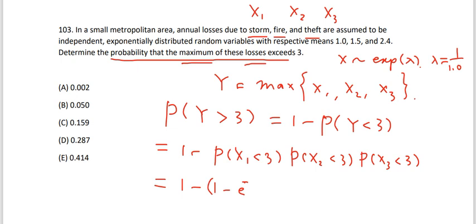So negative 3 times lambda, so 3 over 1.5, where lambda is 1 over 1.5, and then here is negative 1 over 2.4 times 3, so 3 over 2.4. So use a calculator, we can find this.